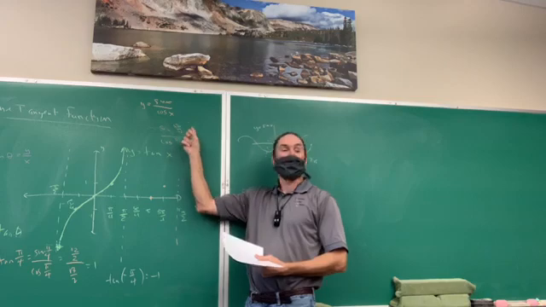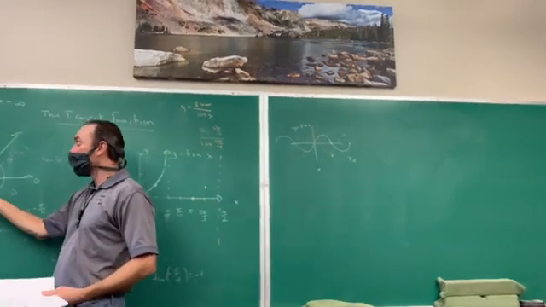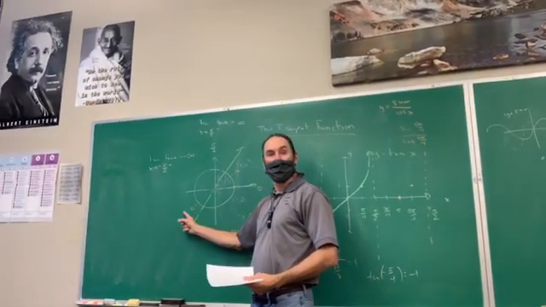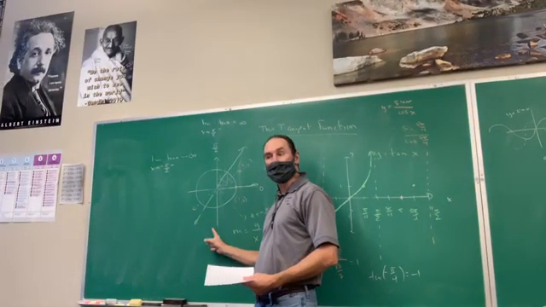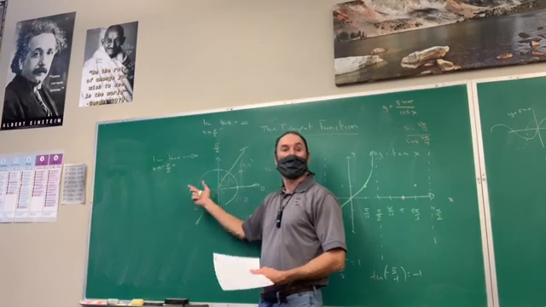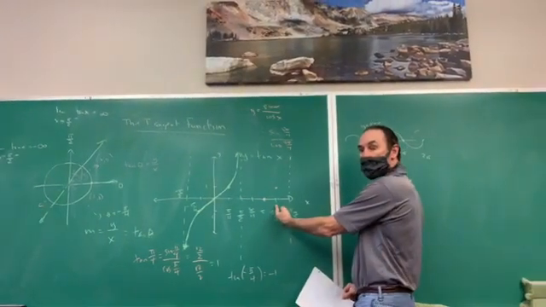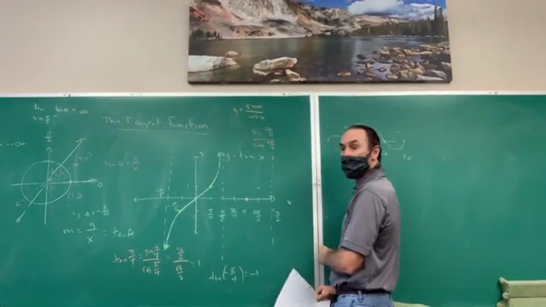Square root 2 over 2. They're both square root of 2 over 2. 5 pi over 4 is down here in quadrant 3. In quadrant 3, the sine is negative and the cosine is negative, so a negative over negative is going to make it positive 1. So that one critical point to the right is going to be a positive 1.